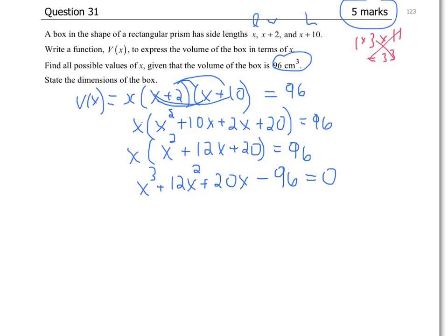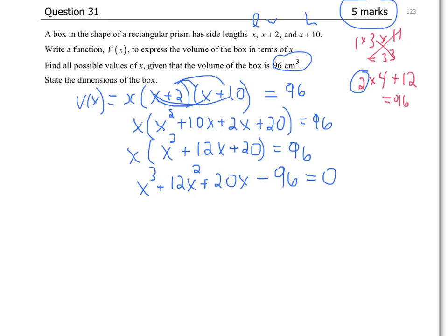That's no good, but I think I'm getting closer. I'm going to try 2 for the length. So 2 times 4, 2 plus 2, and then 2 plus 10 is 12. So 4 times 12 is 48. 48 times 2 is 96. So I may have found at least the one factor I'm looking for. I'm pretty sure now that x minus 2 is a factor.